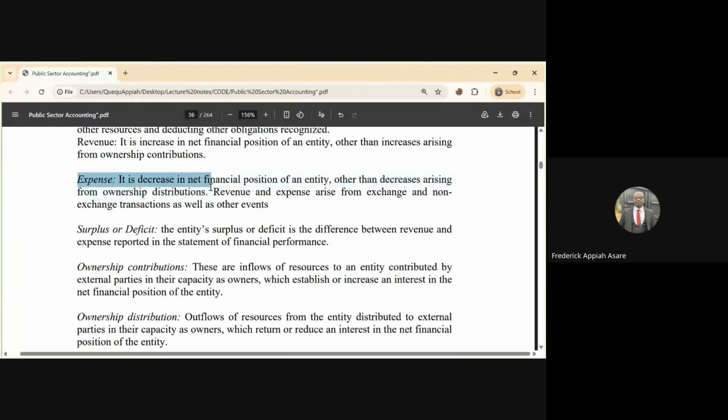Then expenses is the opposite of revenue, where the net financial position of an entity decreases, and this decrease is not as a result of ownership distribution. So when you are giving out money to owners of the organization, we don't consider it as an expense. It's only an expense when it goes beyond owner's distribution.